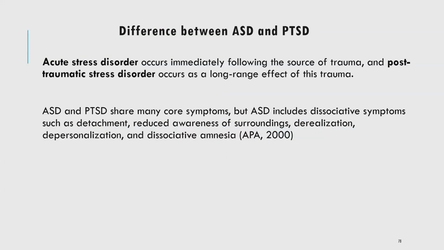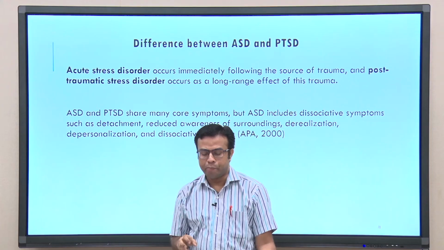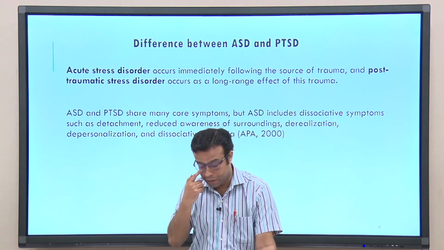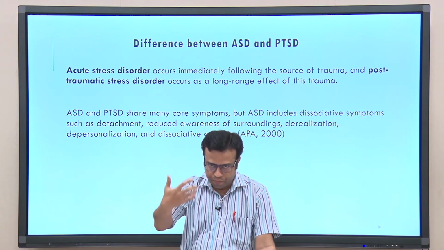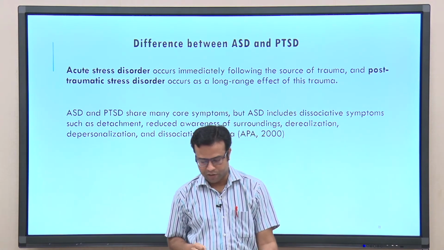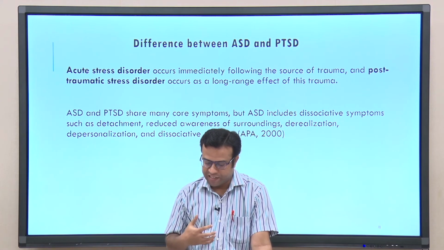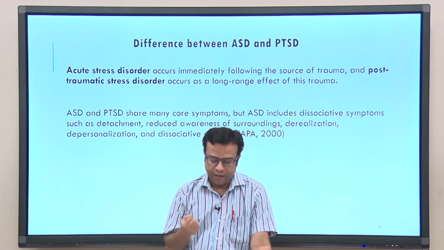Technically, we have discussed both acute stress disorder and post traumatic stress disorder, and we have already discussed some of the differences. The difference typically lies in the fact that acute stress disorder occurs immediately after the trauma, and post traumatic stress disorder occurs as a long range effect of the trauma. So, ASD and PTSD share many core symptoms, but ASD more prominently includes dissociative symptoms, such as detachment, reduced awareness of the surroundings, derealization, depersonalization, and dissociative amnesia.